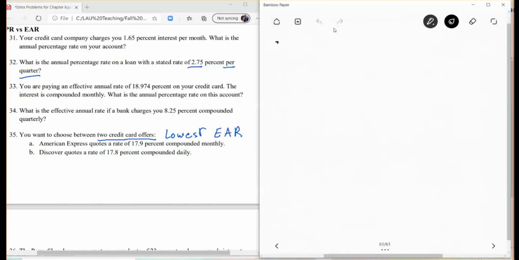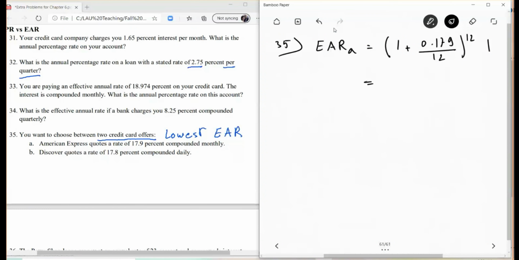Now, the first credit card, the American Express, quotes a rate of 17.9% compounded monthly. So EAR of A, of the first offer, is equal to 1 plus 0.179 divided by 12, raised to the power 12, minus 1.